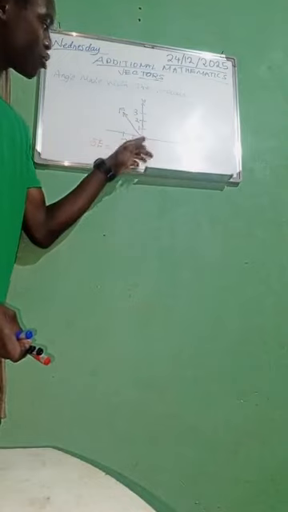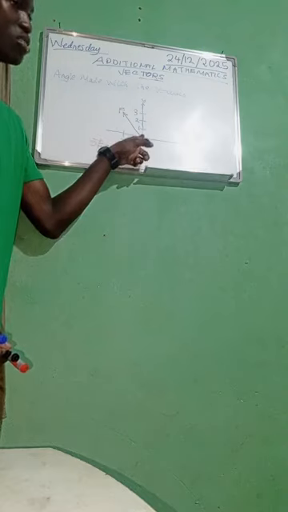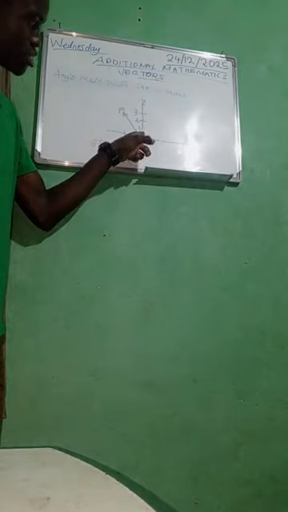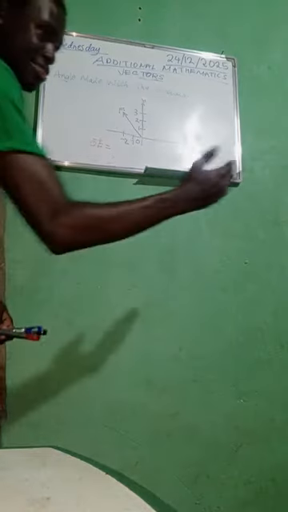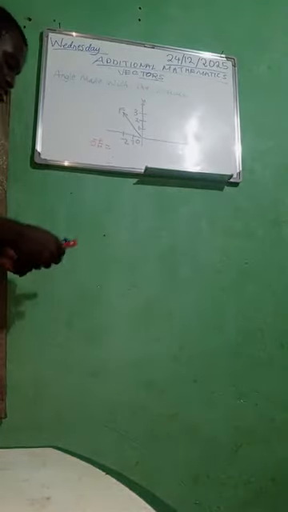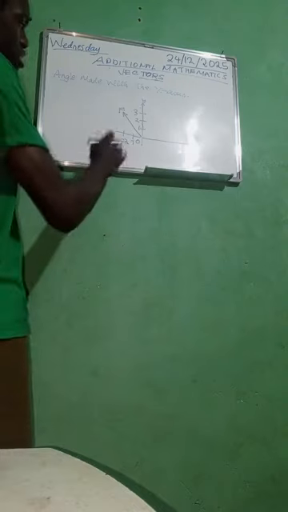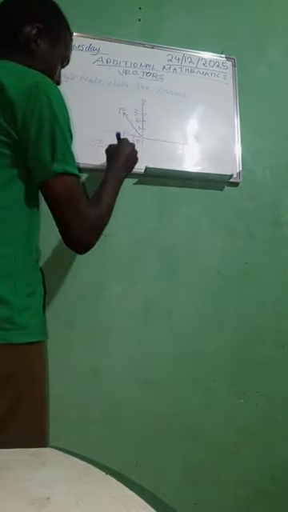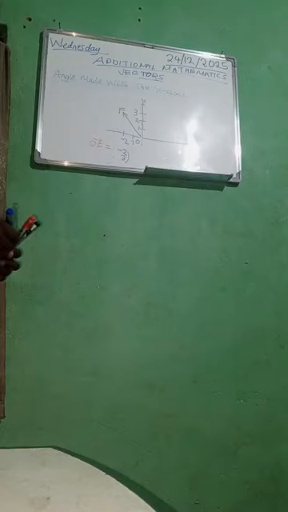Don't start counting from the point. We count this as a 0, so 0, 1, 2. This is the negative direction, therefore it will be negative 2. Then here we move 1, 2, 3. That is the vector.